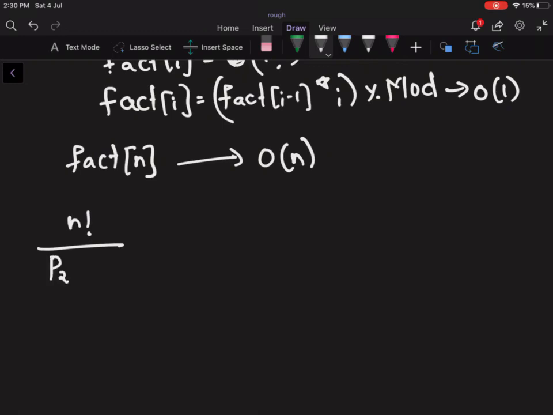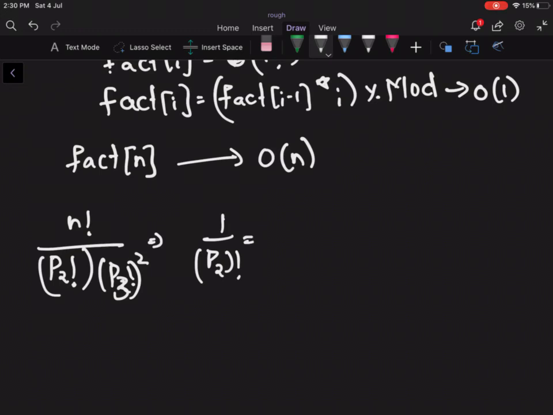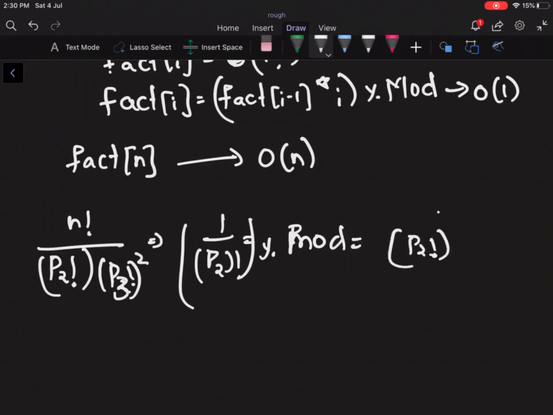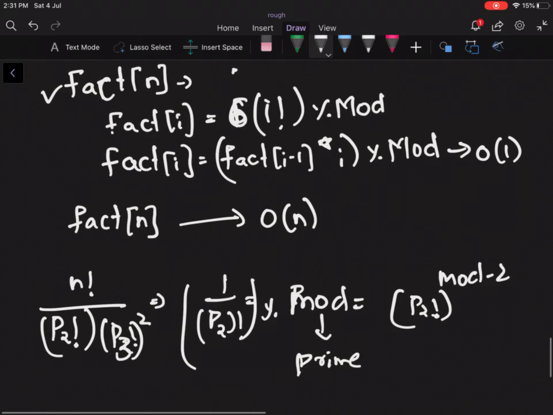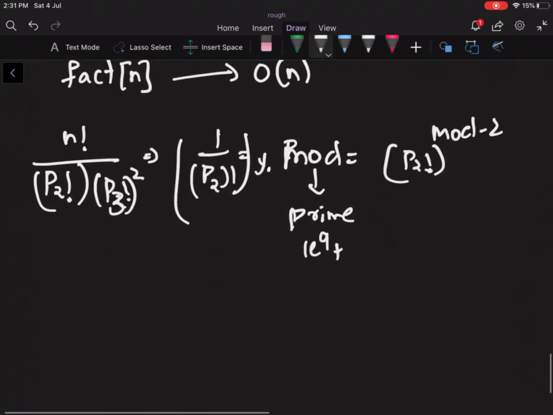And if you want to calculate this term, you can calculate in this way, that P2 factorial inverse can be written as P2 factorial power mod minus 2 percentage mod, if mod is prime, and it is given mod is nothing but 1e9 plus 7.